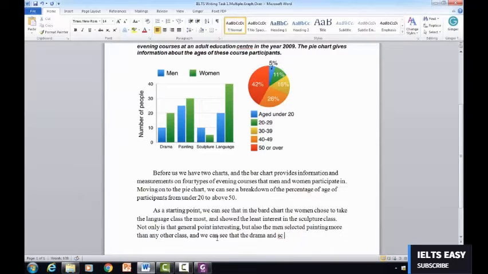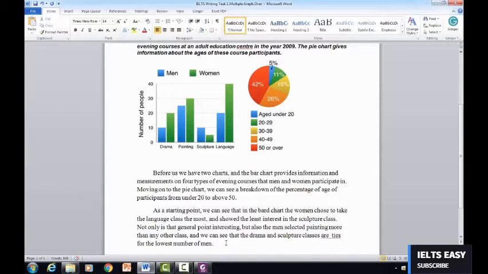The drama and the sculpture. And there we have our tie for the lowest number of men.